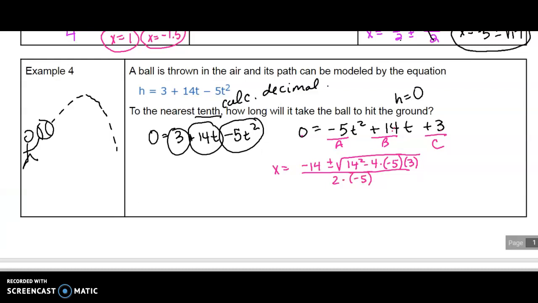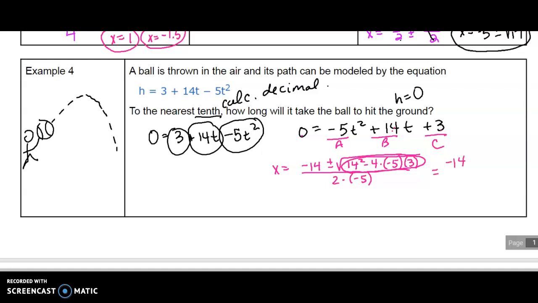So we're going to type this into a calculator. I'll go ahead and grab one. So we get, this time, 14 squared minus 4 times negative 5 times 3, which I got 256.